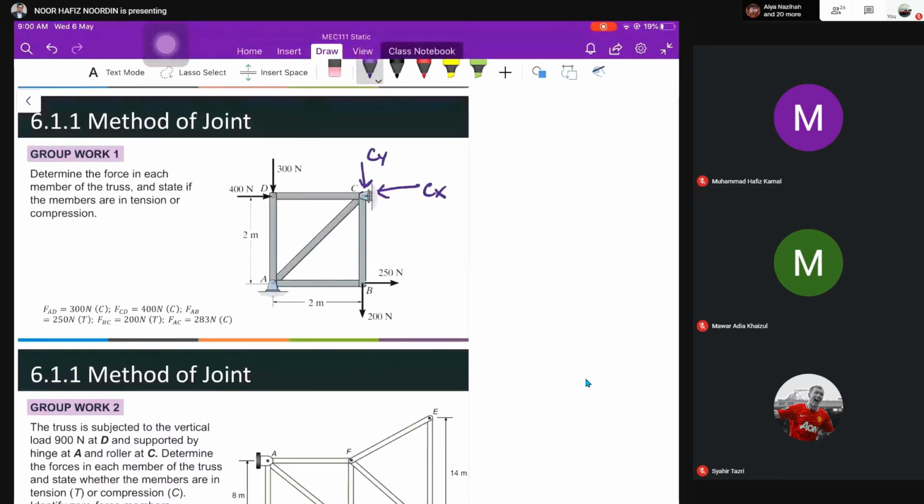And point C is a roller. So for a roller, the reaction force must be at CX only, which is perpendicular to the surface. And then at point A we have a pin. So the direction of force is CY and then CX.